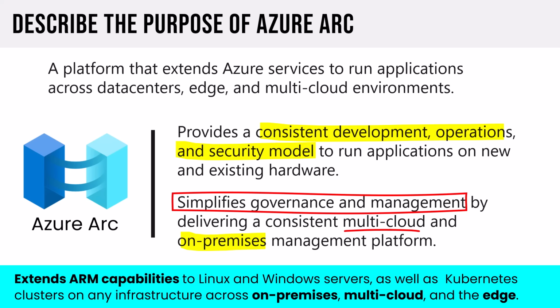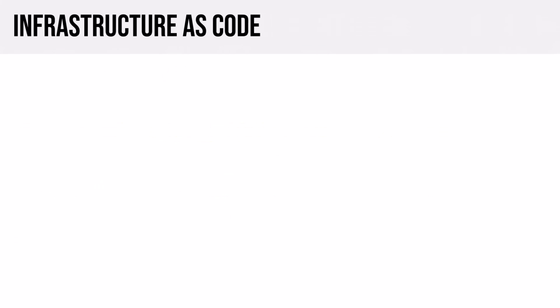We can use those templates outside of Azure, so pretty exciting capabilities. But remember, it extends Azure services to data centers, edge, and multi-cloud environments. I think we have all of the key phraseology and functionality here that should have you ready for anything you encounter there with regards to Arc on exam day.